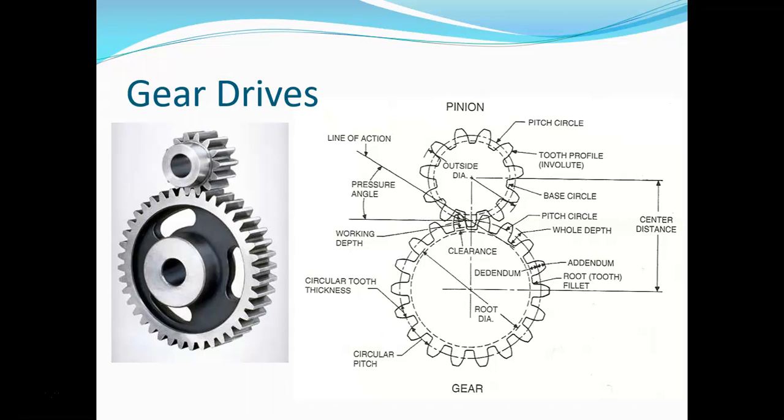Looking on the right side of the little diagram, it's kind of a busy diagram, but there are only a few things I want to point out. There are two major types of gears that have different teeth angles: a 14.5 and a 22-degree angle, and it comes from the pressure angle right here.